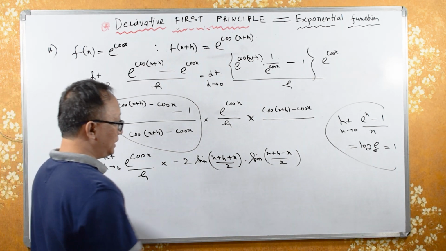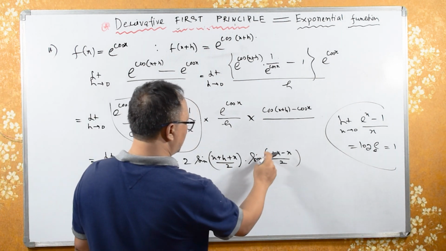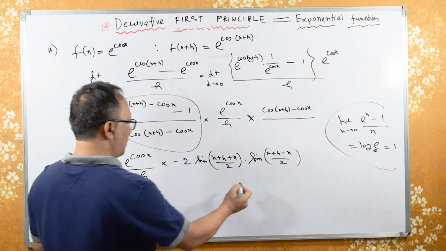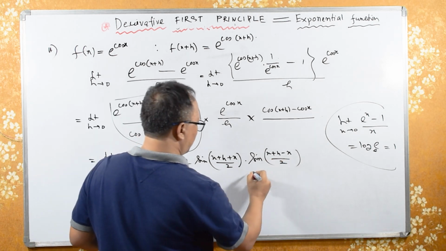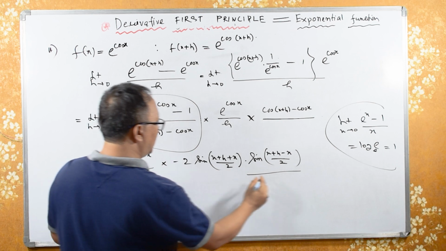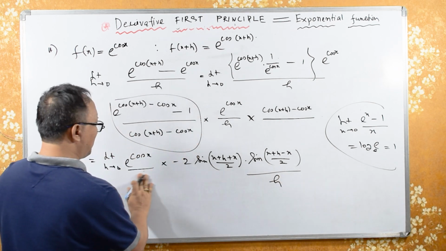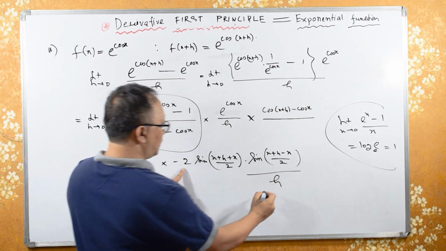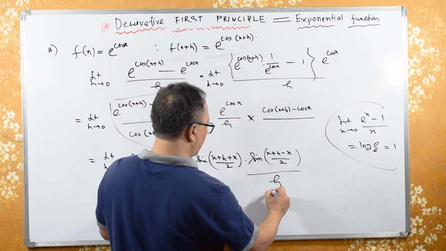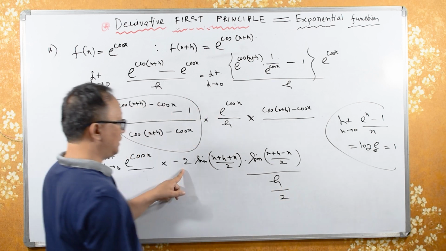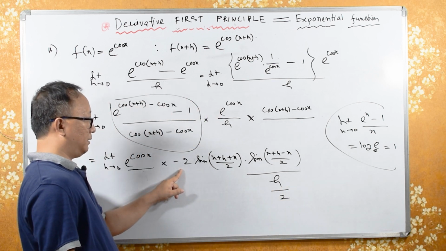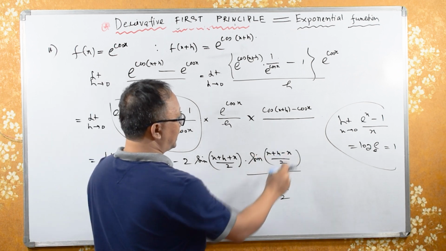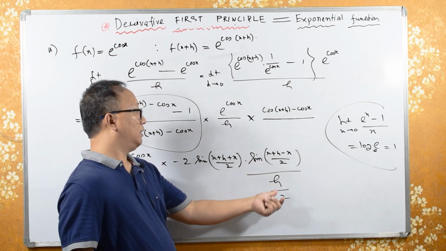Now this minus x plus x gets cancelled. This h I am bringing here, these 2 I can bring over here. We have h by 2.